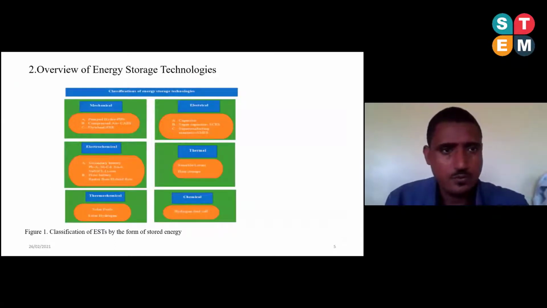To overview the energy storage technologies, we can classify them based on their application area as well as based on their form of stored energy. When we classify them according to their form of stored energy, there are around 6 energy storage types: mechanical, electrical, thermochemical, thermal, chemical, and electrochemical.